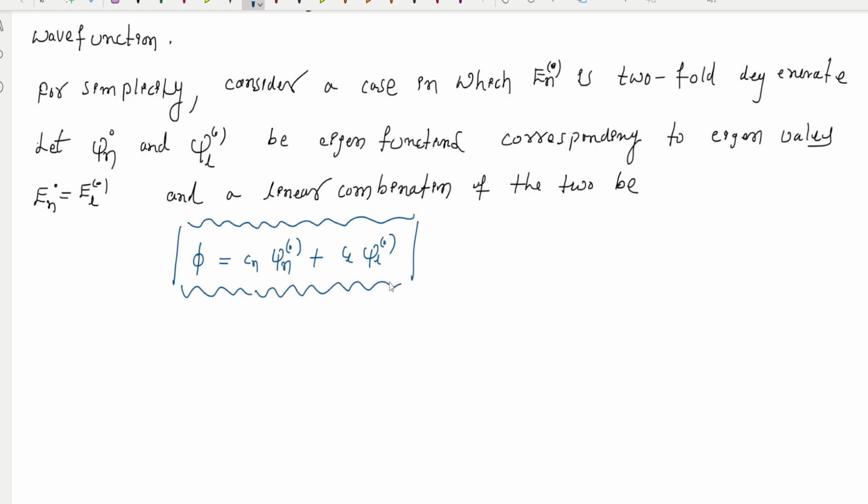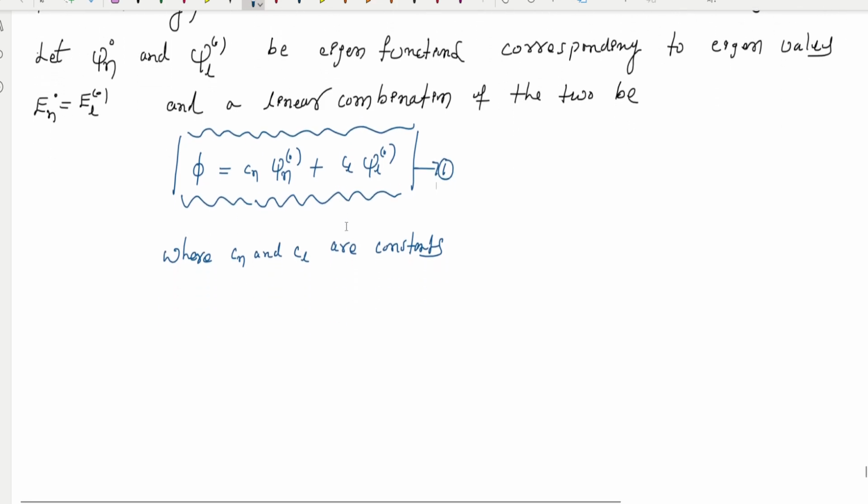From here onwards, we need to focus more on this type of system, where Cn and Cl are constants. This is equation number 1. This is the first step.